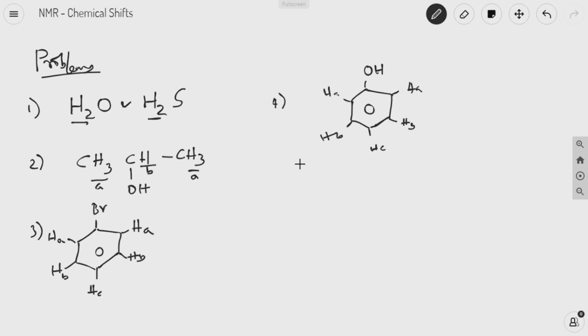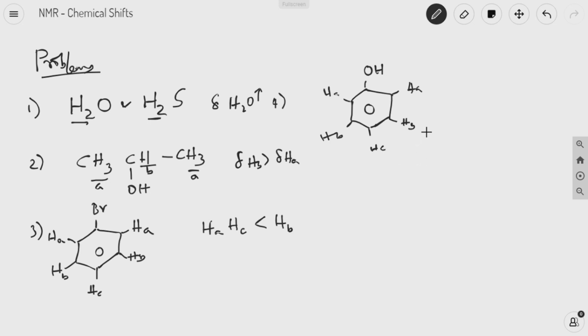Likewise for this one, here I am giving you the answers. Your del value of protons of H2O will be higher because of higher electronegativity. In this case again B is close to oxygen, so your delta of hydrogen B will be greater than delta of hydrogen A. We know very well, though it is bromine, a halogen, they are actually ortho-para directors, hence your HA and HC are going to have lower values when compared to that of HB.